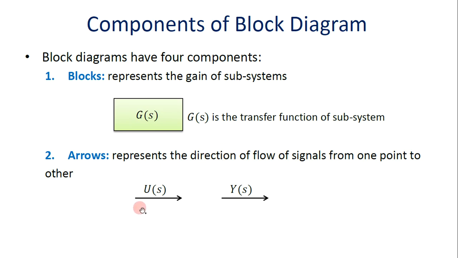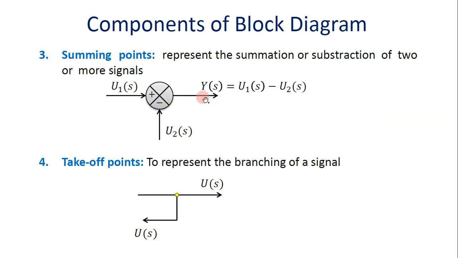Here we have one subsystem, here we have another subsystem, and the signal is flowing from this subsystem to this subsystem. So this is the representation of the arrow.